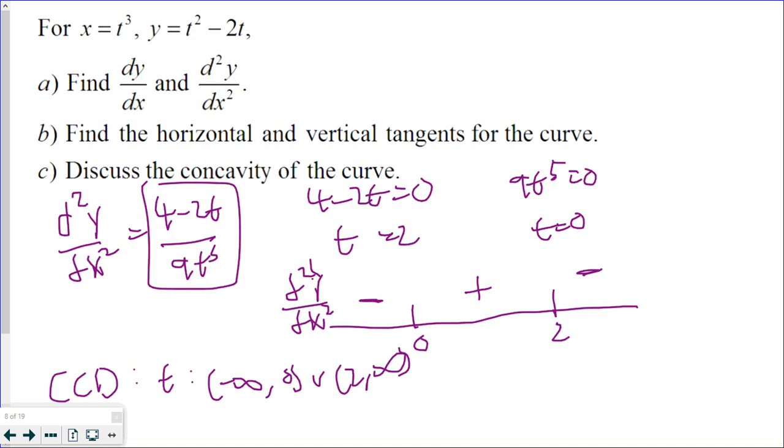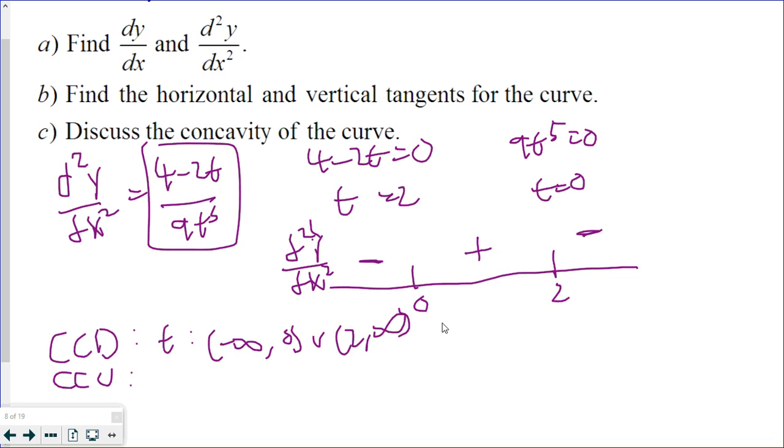And it's concave up whenever t is between 0 and 2. Now you can figure out the intervals for x and y again by plugging in these t values, but it's better just to leave it in terms of t. That's usually how they're going to ask it.